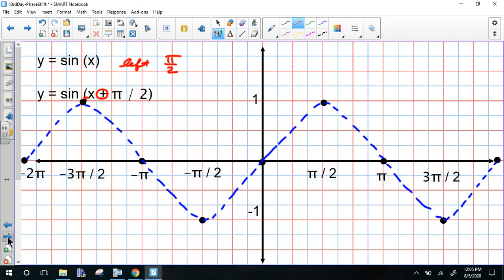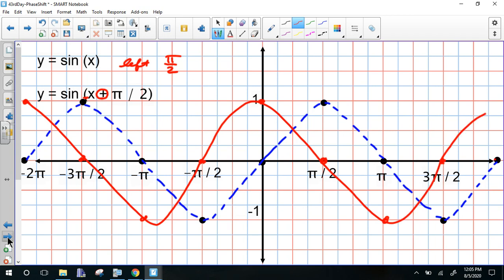So I'm going to take every point and move it left pi over 2. And I'm going to connect those points. And there's my graph of y equals sine of x plus pi over 2. And it looks just like cosine.